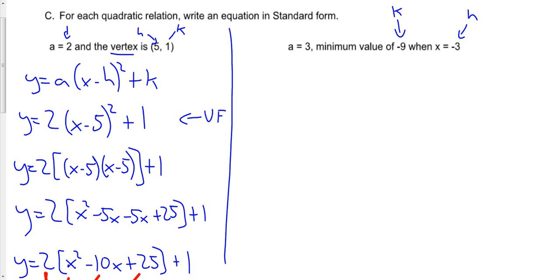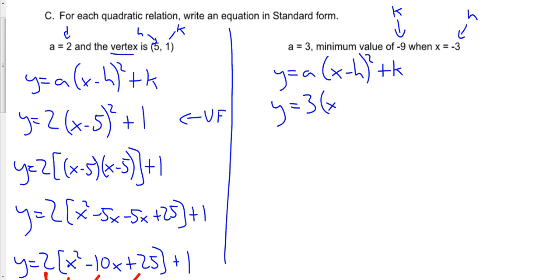Again, I'm going to write this out in vertex form. The equation for vertex form is y is equal to a times (x minus h) all squared plus k. Now I'm going to substitute in the values that I have. I know that the a value is equal to 3. We know that our h value is negative 3.